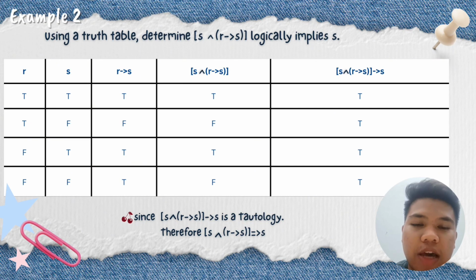Hence, we can conclude that since S and (R implies S) implies S is a tautology, therefore S and (R implies S) logically implies S.